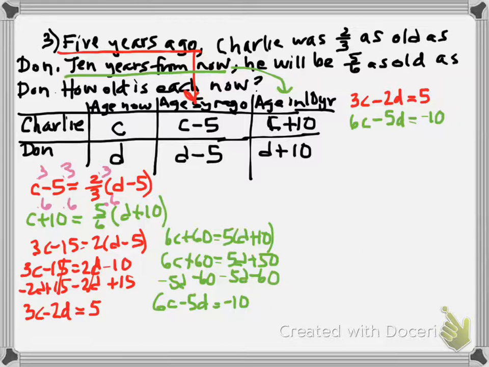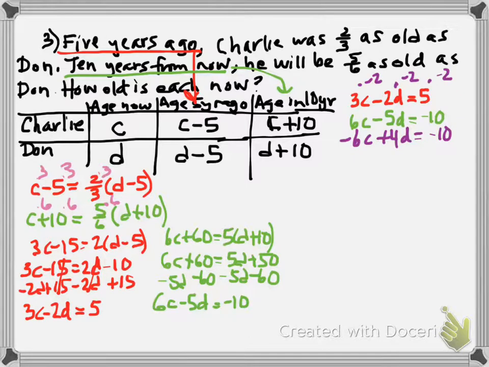What equation would I multiply by, and what would be the number I'm multiplying by to get a match? Flint? Multiply by negative 2. Okay. So all I need to do is multiply that top equation by negative 2, and now it becomes negative 6c plus 4d equals negative 10.